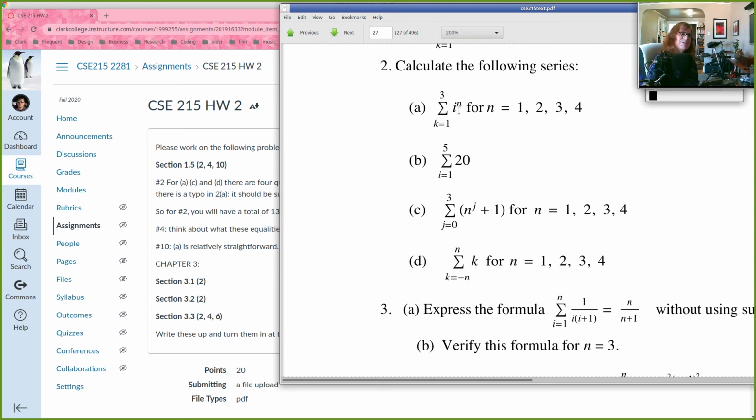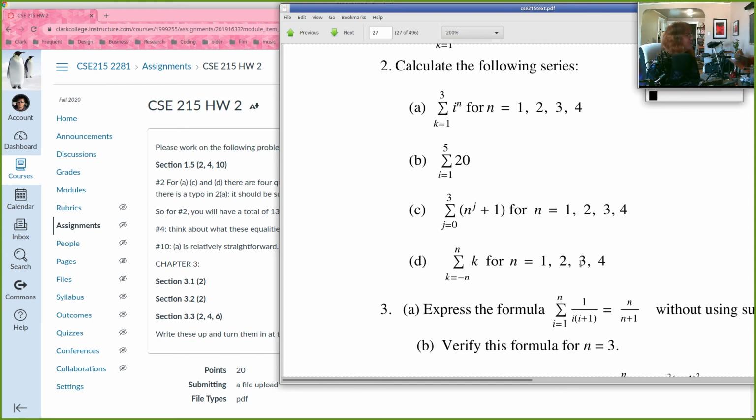And then figure out what this sum is equal to for n equals 2, and then for n equals 3, and then for n equals 4. And then figure out what this sum is, and write that down for part B. And then for part C, 4 answers. n equals 1, write down this sum, n equals 2, and so on and so forth. Okay, so you have a total of 4, 5, 9, 13 answers for question 2.